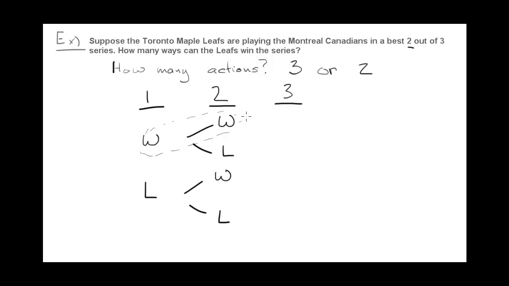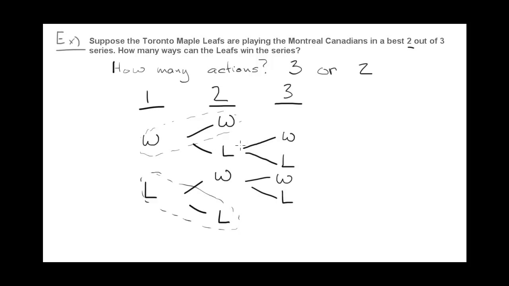So we don't need a branch coming out of this one. We just need the branch coming out of this one. So they could win or lose. Loss, win, they would play another game, so they could win or they could lose. And again, this branch here, well, they've lost 2 games, they can no longer win the series. They wouldn't play a 3rd game, so we don't need branches coming out of here.